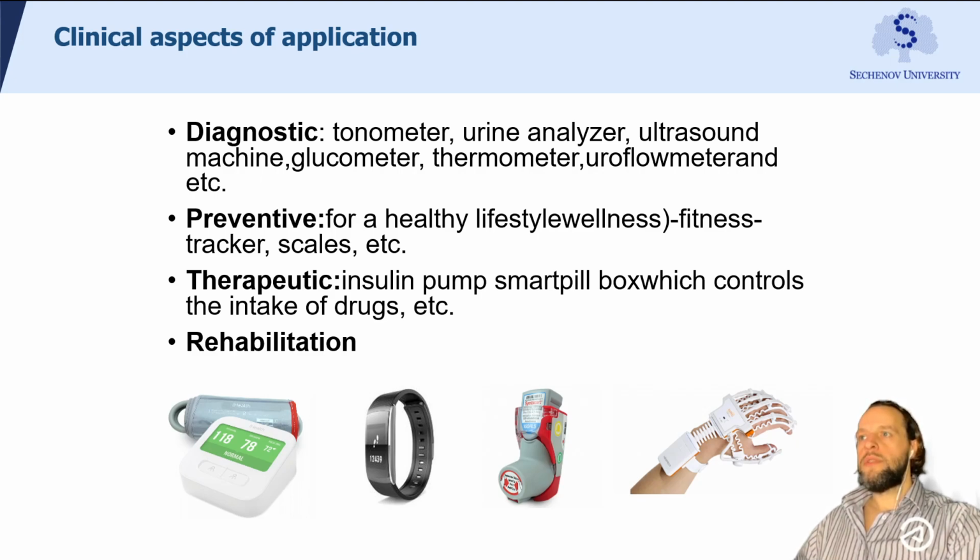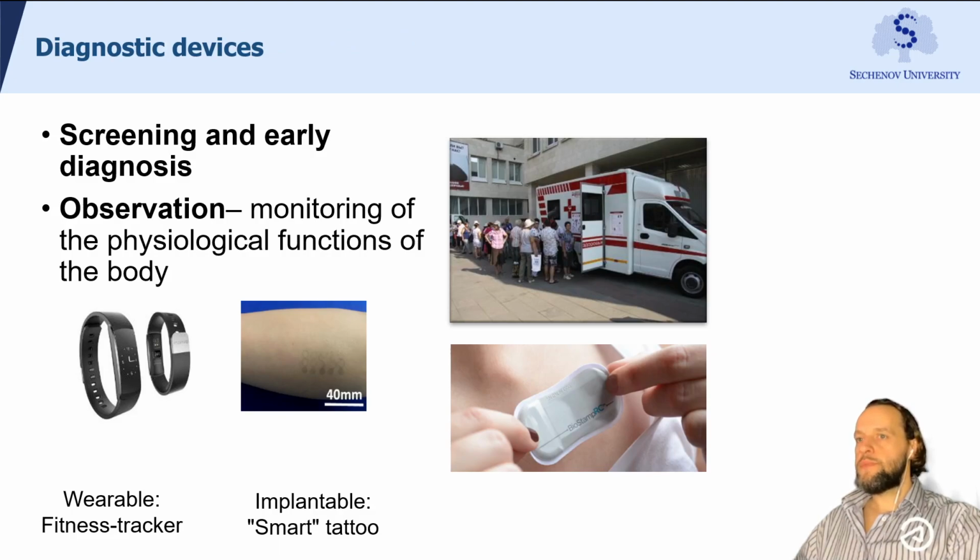They could be used in therapeutics, for example, insulin pump, smart pill boxes, drug intake control, and others. And the rehabilitation, of course. There are different ways how these devices could be implemented.